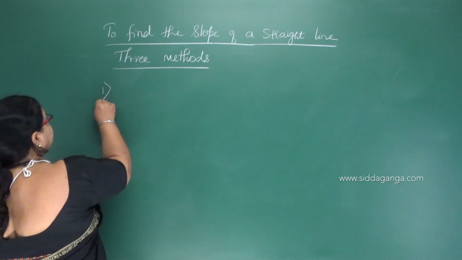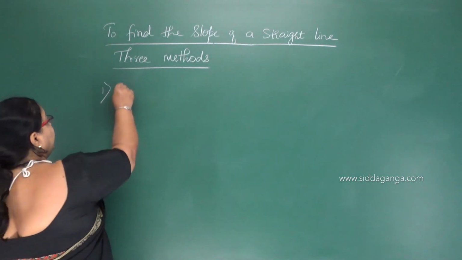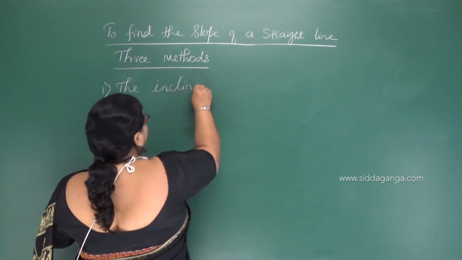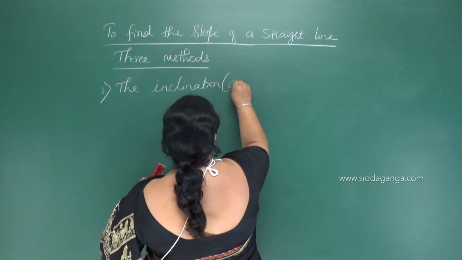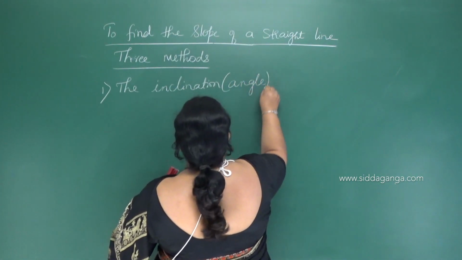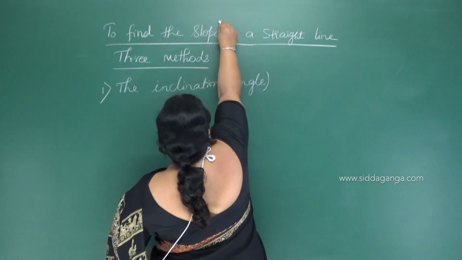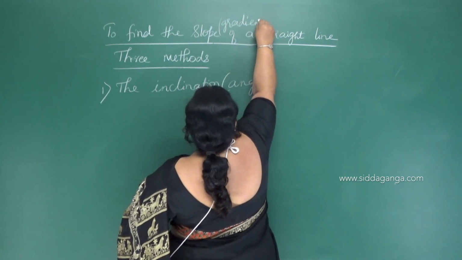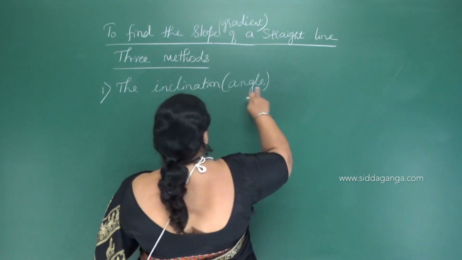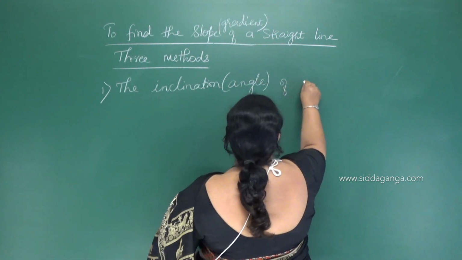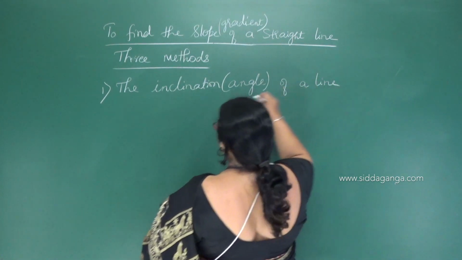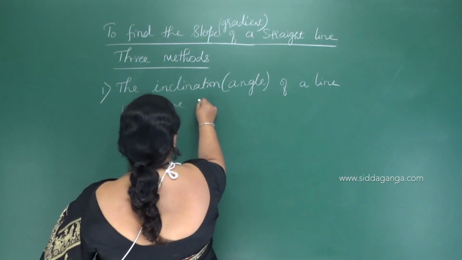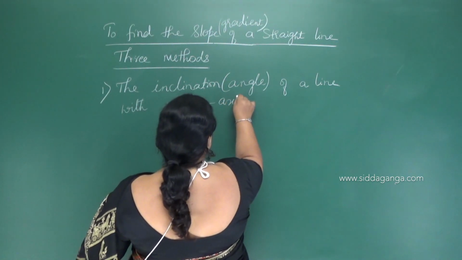The first method is the inclination, another name for which is angle. Another name for slope is gradient. So the inclination or the angle of a line with the positive x-axis is given.